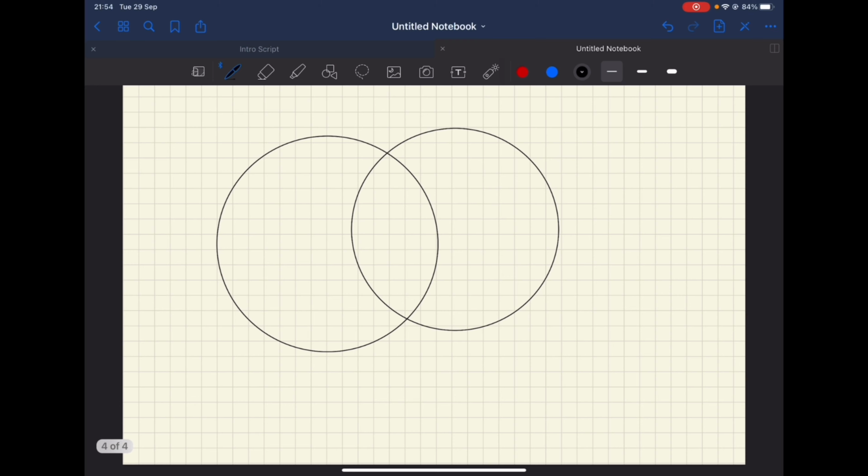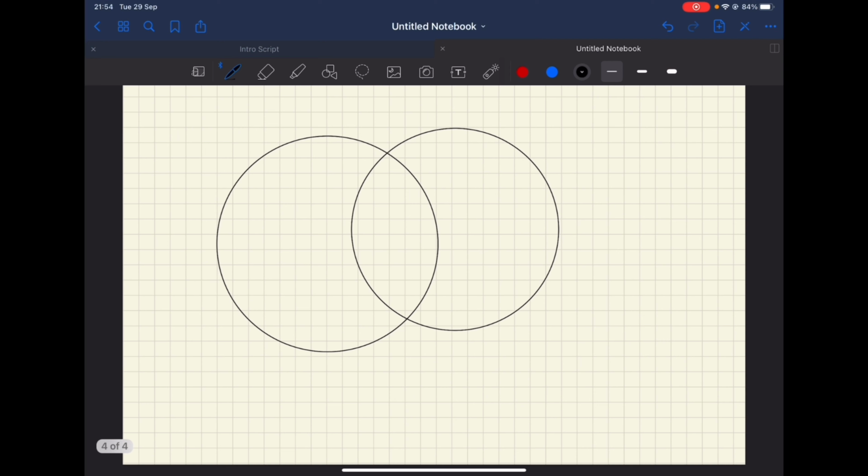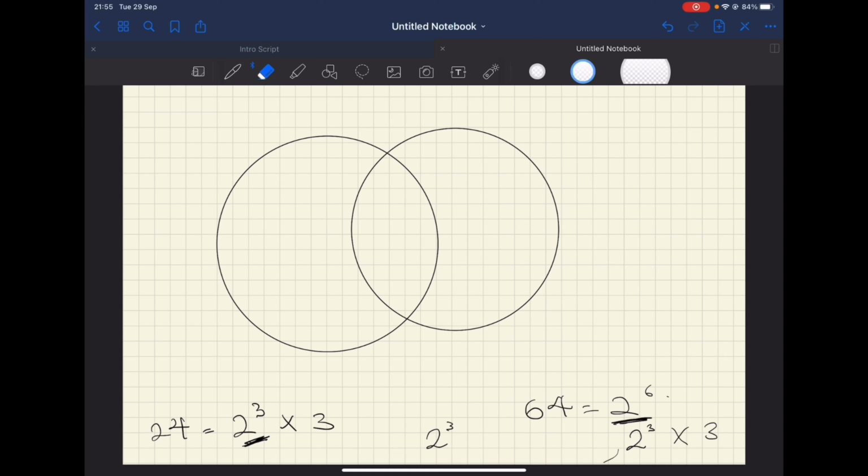So 24 is 2 to the power 3 times 3, and 64, let me write that here just for clarity. 24 equals 2 to the power 3 times 3. 64 equals 2 to the power 6. All right, so what do these two have in common? They have 3 2's in common, because this has 3 2's. This has 6 2's. So 6 2's means it has 3 2's, and we have 3 2's left.